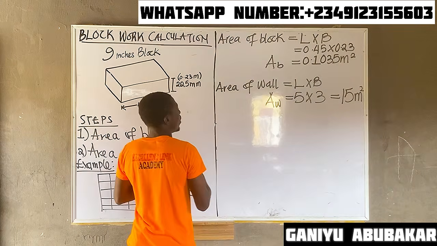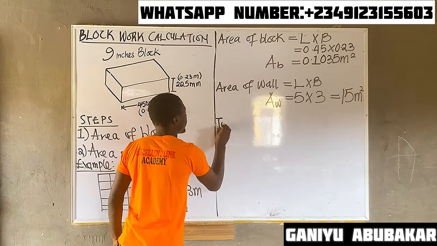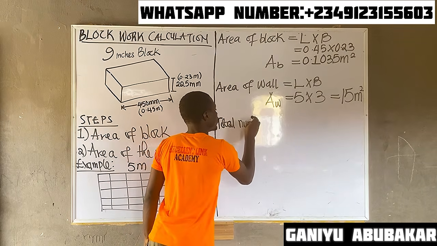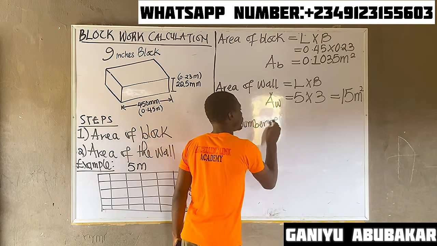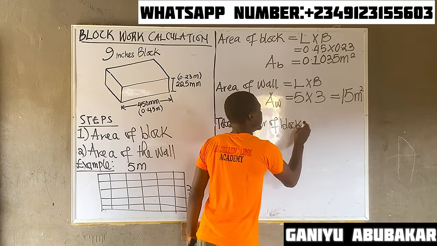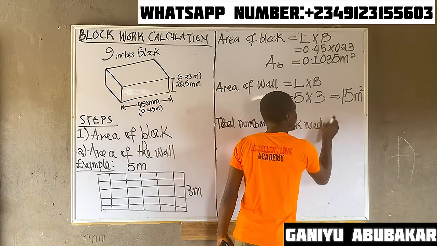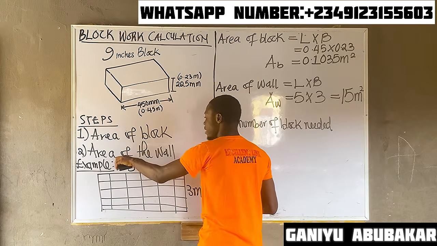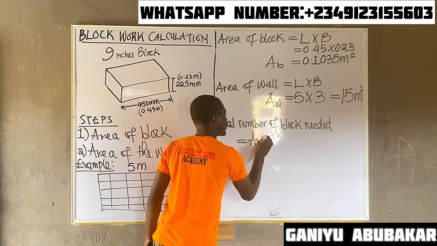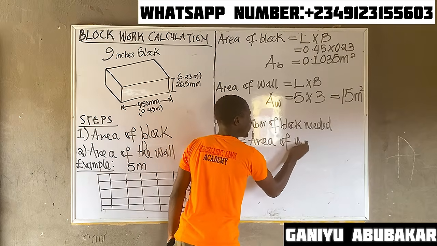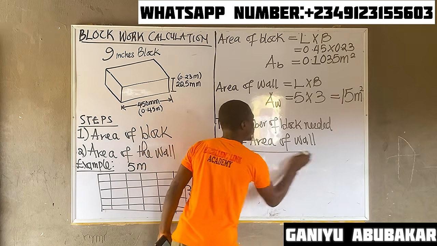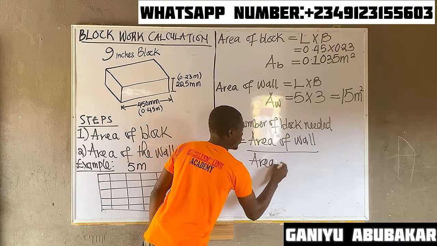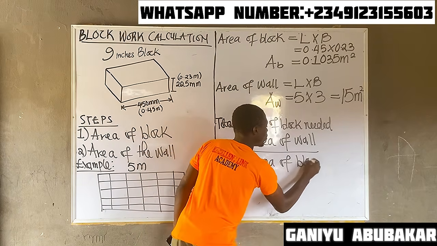So the total number of blocks needed will be equal to the area of wall over the area of block.